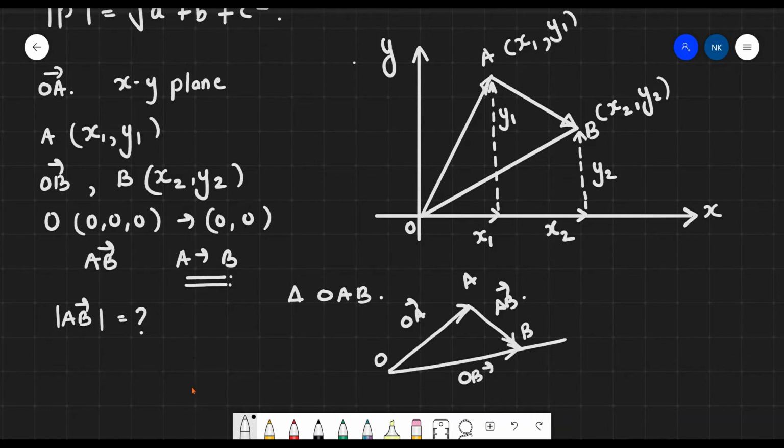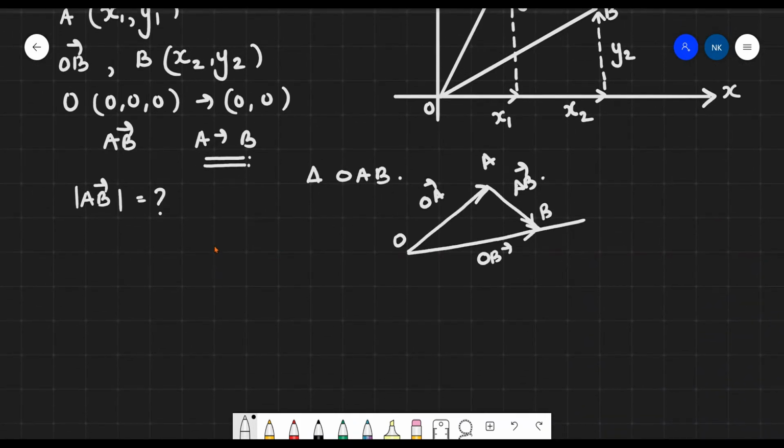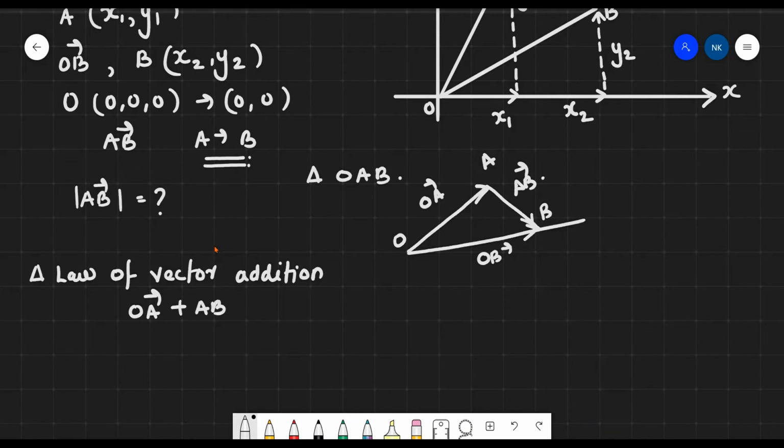Now, considering the triangle law of vector addition, you know that OA vector plus AB vector equals OB vector.